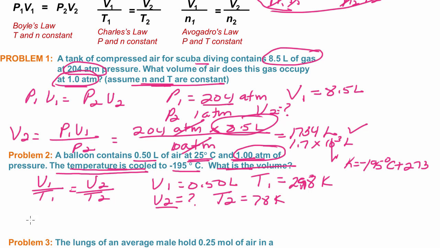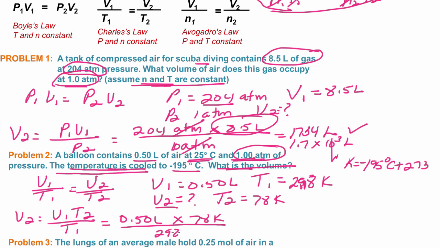Okay, so we're looking for this. I'm going to go ahead and solve for V2. So V2 is going to be equal to V1 T2 over T1. And then V1 is 0.5 liters times T2, 78 K, all divided by T1, which is 298 K. And we get 0.5 times 78 divided by 298.